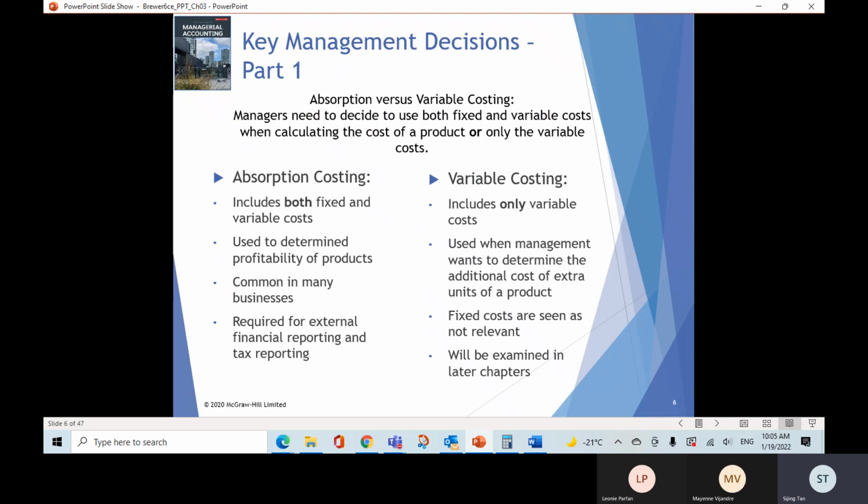Now, comparing process costing and job order costing. With job order costing, many jobs are worked on during the period. With process costing, a single product is produced for a long period of time. With job order costing, costs are accumulated by individual jobs. With process costing, costs are accumulated by departments.